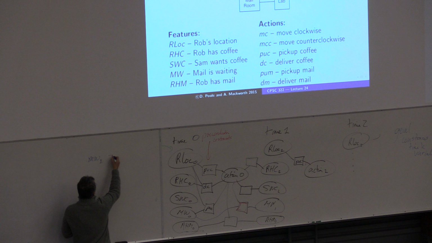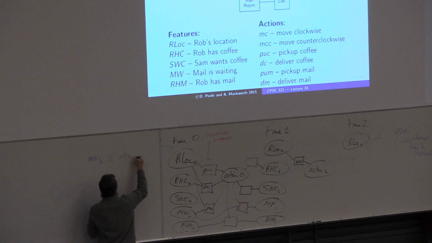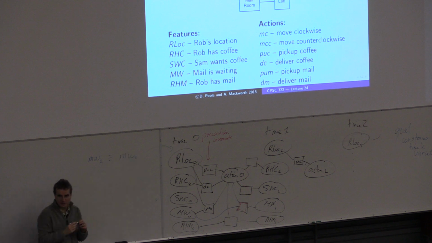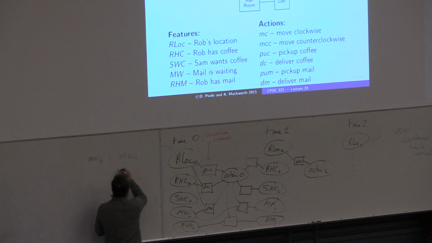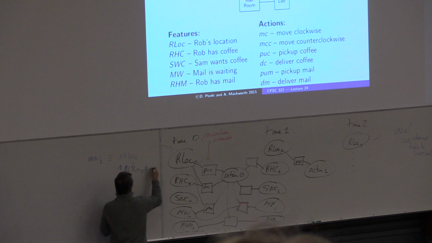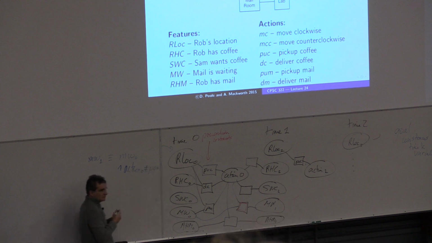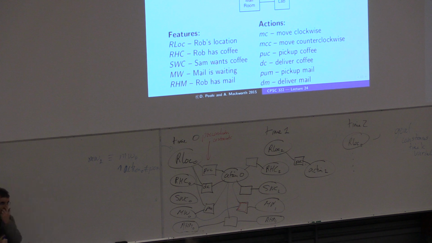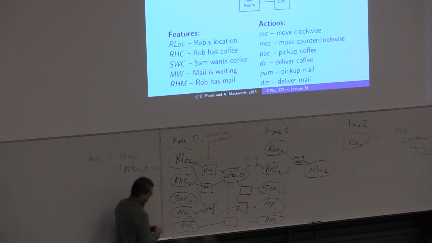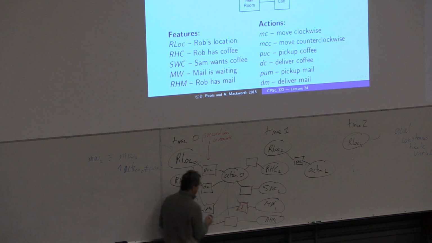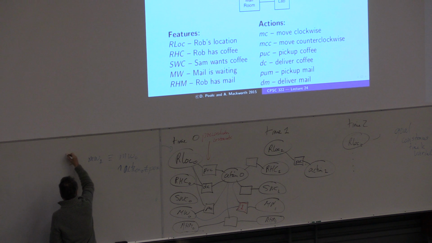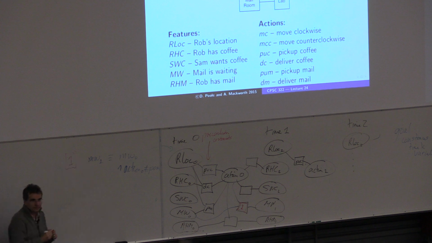If mail waiting at time 0 and what else? And the action at time 0 is not equal to pick up mail. Right, that's this red one. This one. So that's time 1. It's that constraint.